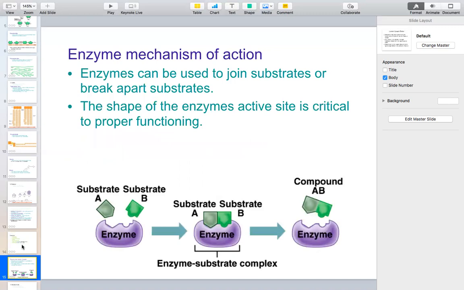Here we see enzymes joining these 2 substrates together. The substrates would be those 2 monomers, for one example that we've had in the past, or 2 amino acids. And the enzymes would bring them together and help speed up a chemical reaction or break down that chemical reaction. Because remember, these can go in different directions. It may be the same amino acid or maybe a different amino acid, but they help in speeding up a chemical reaction.